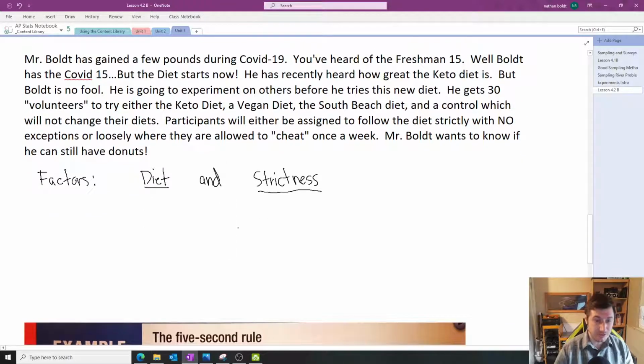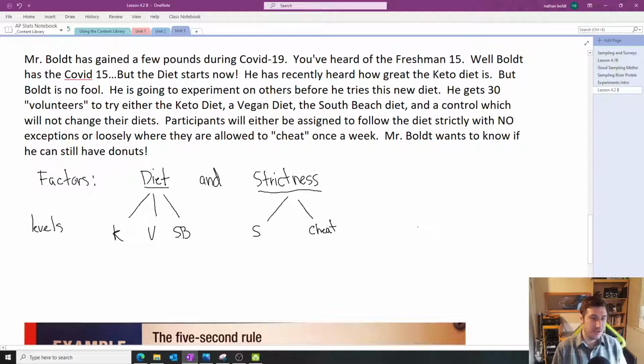But underneath those, they each have different levels. All right, so the diet can be broken up into three different levels: the keto diet, the vegan diet, and the South Beach diet. The strictness can be broken up into two different levels. All right, very strict, or people are allowed to cheat every once in a while.